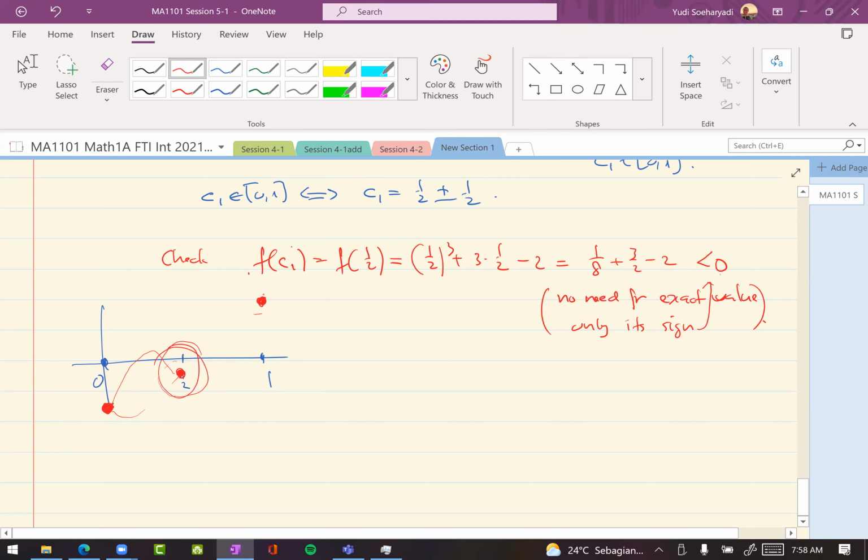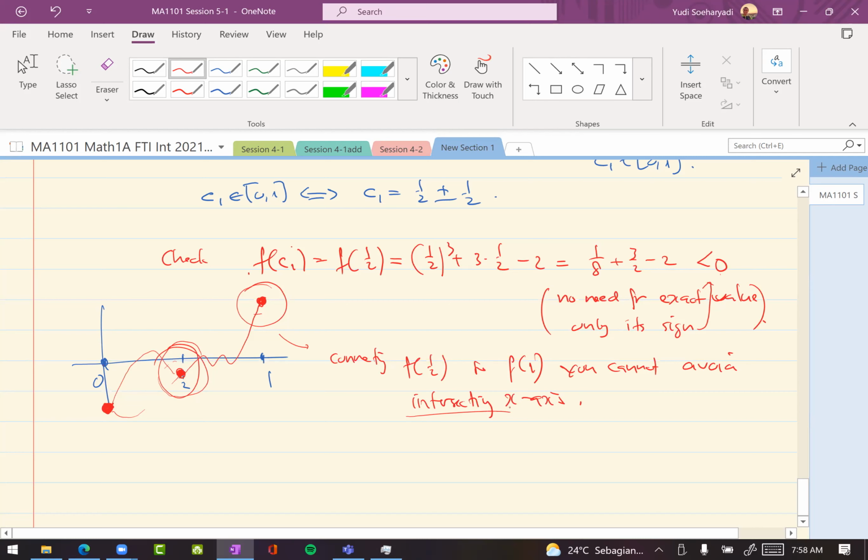If you have to connect these two points, you cannot avoid crossing this x-axis. This is what I'm saying: connecting f(1/2) to f(1), you cannot avoid intersecting the x-axis.